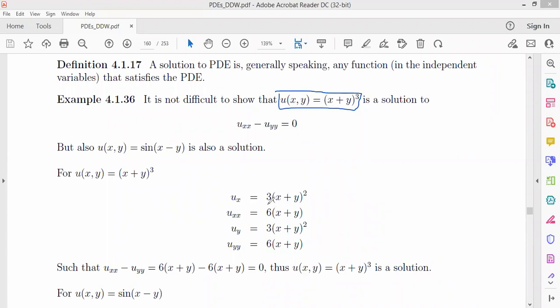We are dealing with this example. I hope you see this one comes to that. UX: you differentiate with respect to X, it is 3x plus Y. Remember, when you differentiate the inner term, it gives you 1. Then UXX gives you this 6 here. Then with respect to Y, you get this one, similar story.